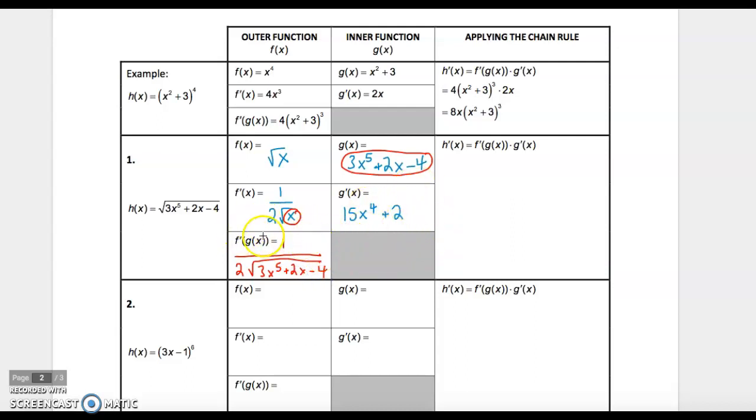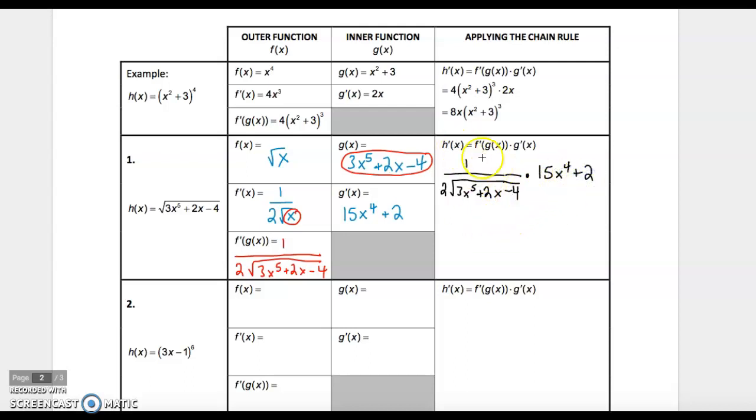So derivative of the outside, keep your inside the same, and then to finish off my chain rule, we have to multiply by the derivative of the inside. So in total, we get 1 over 2 square root of 3x to the 5th plus 2x minus 4 times the derivative of the inside, which is 15x to the 4th plus 2.